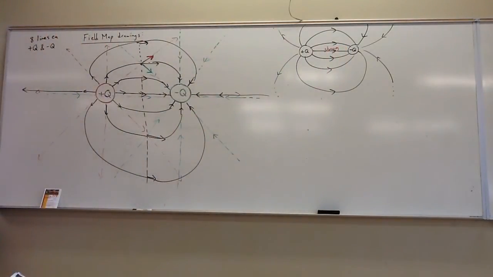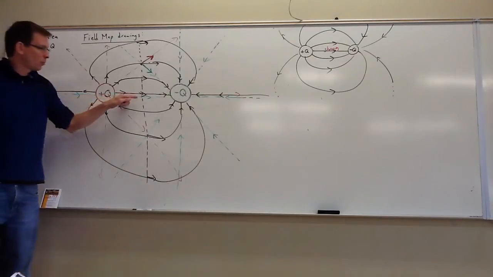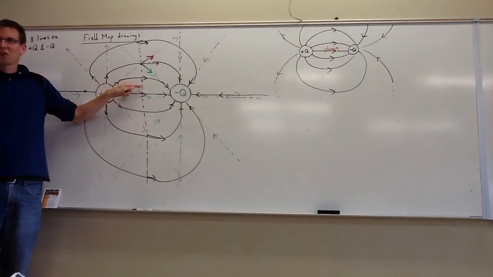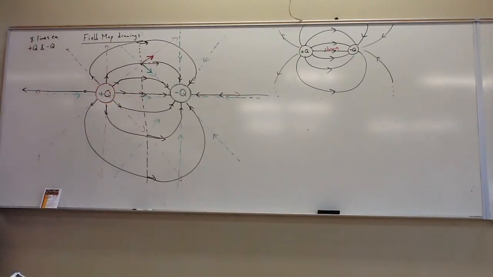Why is it strong? Well, of course, you're right next to both charges, and when you're between them, they tend to point exactly or almost the same way, right? They point exactly the same way on this line, and then when you're not too far off that line, they're going to point sort of in the same direction.